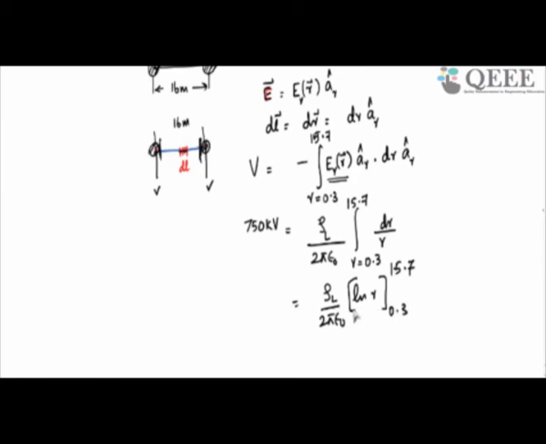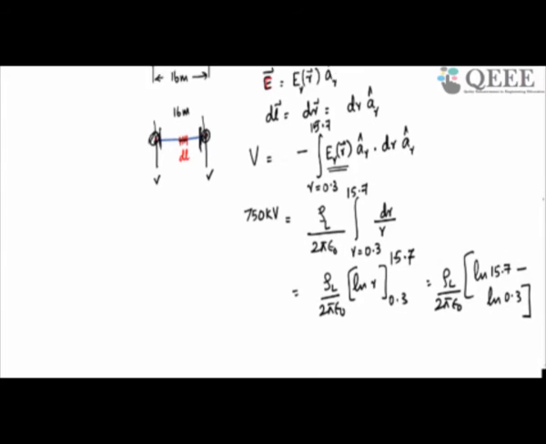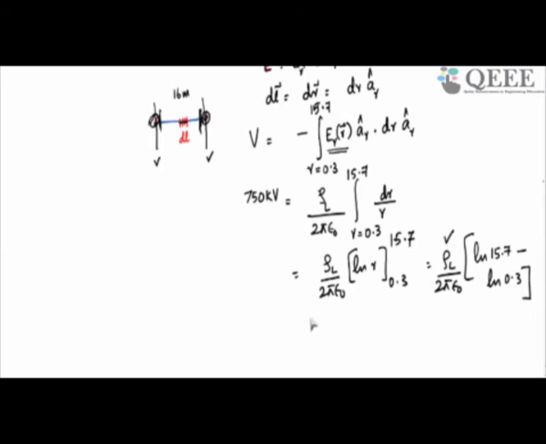So, this is rho L divided by 2 pi epsilon naught, ln of R would mean that it is ln of 15.7 minus ln of 0.3. So, the only unknown here is rho L, because I know my left hand side is 750 kilovolt.